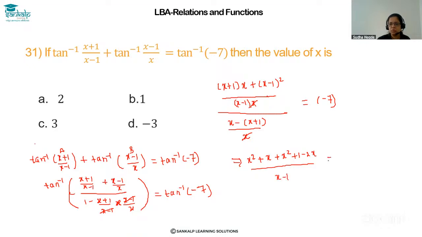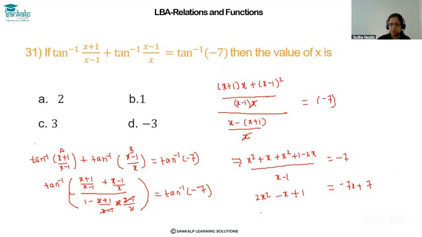That is equal to minus 7. So x square, it is 2x square. x minus 2x is minus x plus 1 is equal to, cross multiply, 7x minus 7x plus 7. Okay.